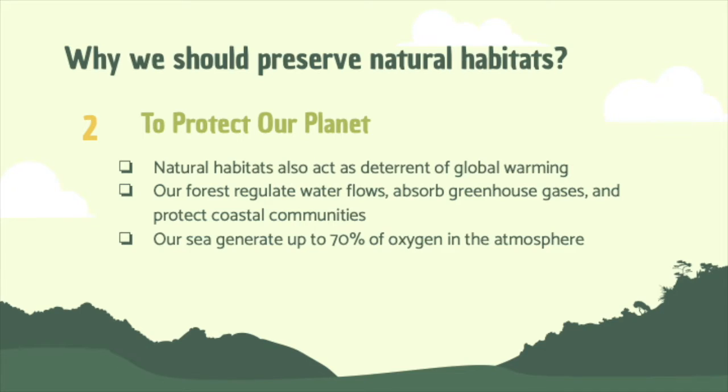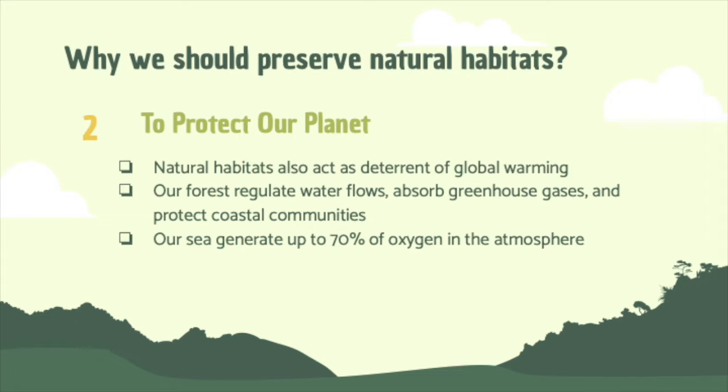The second reason is to protect our planet. Human activities such as the use of fossil fuels and destruction of natural habitats have caused climate change that affects all living things on Earth. Natural habitats, aside from protecting the wildlife, also act as deterrents to global warming. Our forests play an essential role in which they regulate water flows, absorb greenhouse gases, and protect coastal communities.